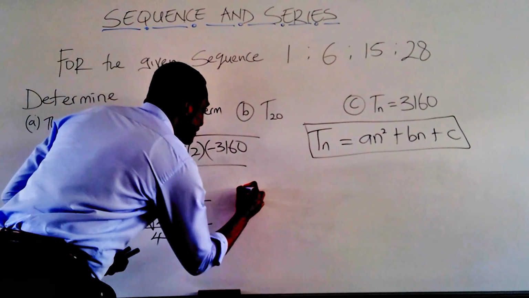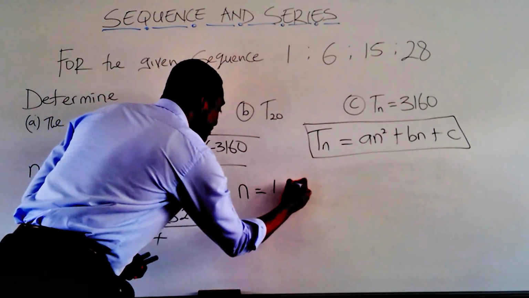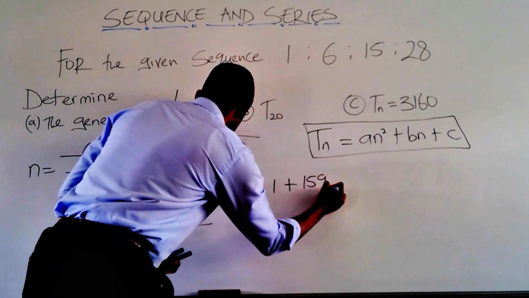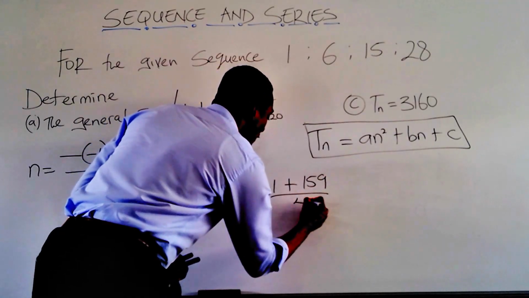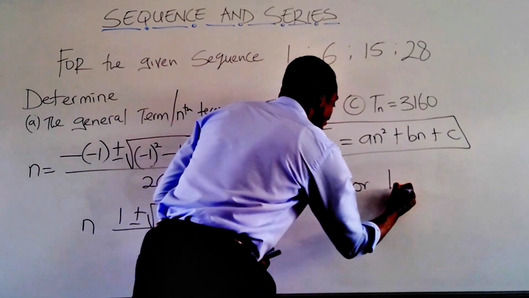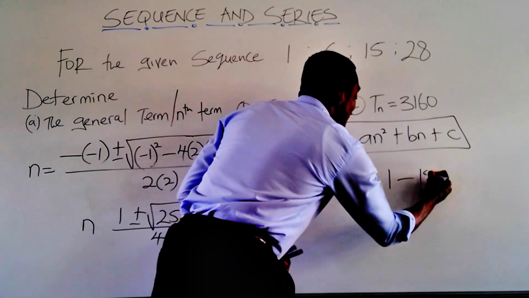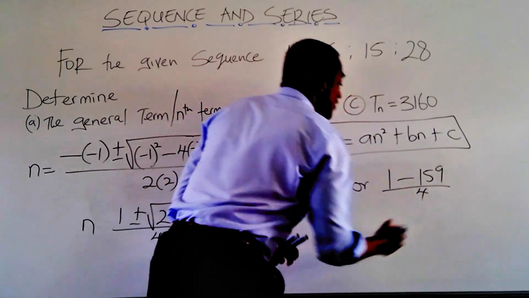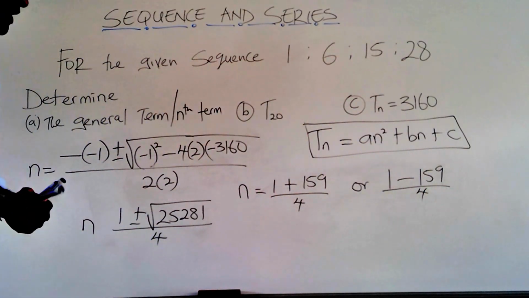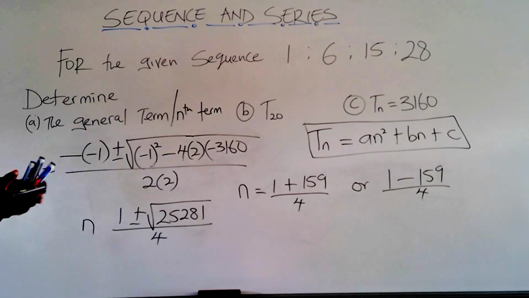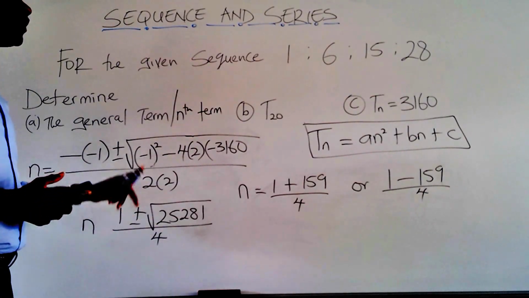So n can be 1 plus 159 over 4 or 1 minus 159 over 4. Remember that it must give you a plus or minus.